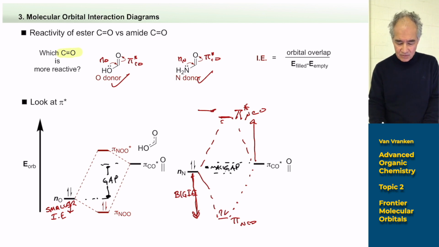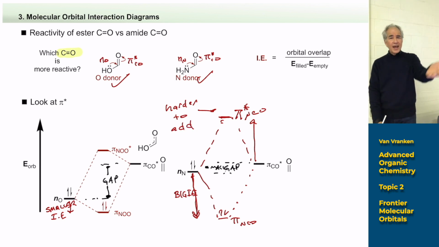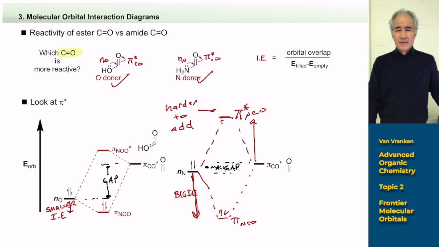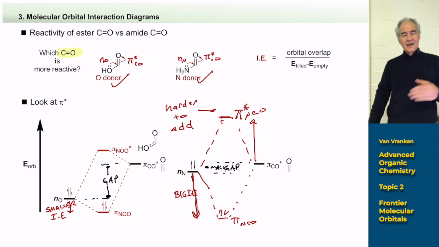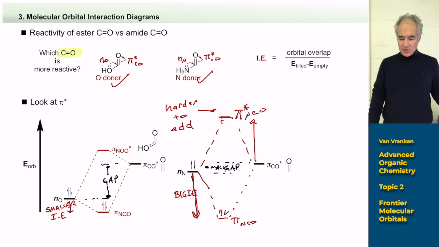So it's, right, harder to add to that new pi star orbital. It's higher in energy. It's harder to add to higher energy orbitals that are empty. You know, it's just harder. And that comes out of this diagram. Why does resonance make carbonyls less reactive? So notice how all I changed here was one thing, oxygen to nitrogen. I left everything else the same, but you can end up with some powerful predictions sometimes that aren't so obvious.